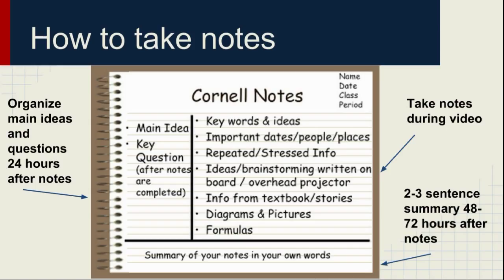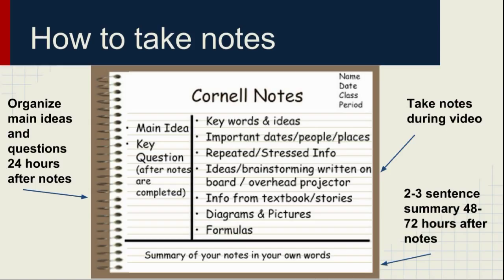Once you're done with that, you put those away. Within 24 hours later, you should come back, reread those notes, and then start to list out main ideas or key questions off in the left-hand column. The timing is important here.